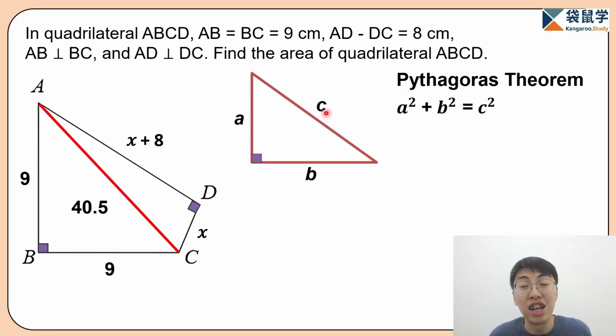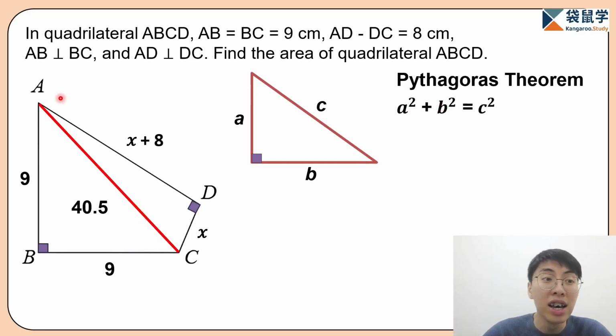That is the idea of our Pythagoras theorem. So how is it helpful for us in this case? If we notice, we have split this figure into two right angled triangles. And that means, since I have both of the sides, which can be known as a and b, I should be able to find AC squared.